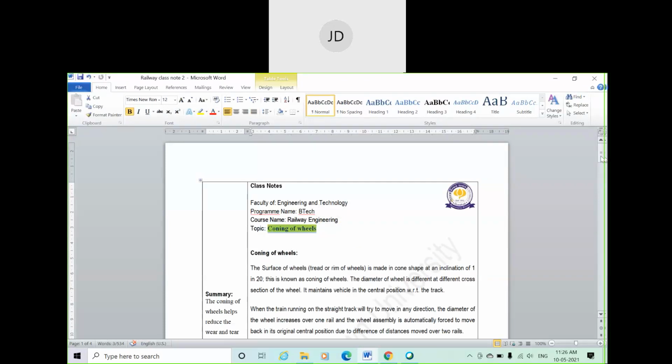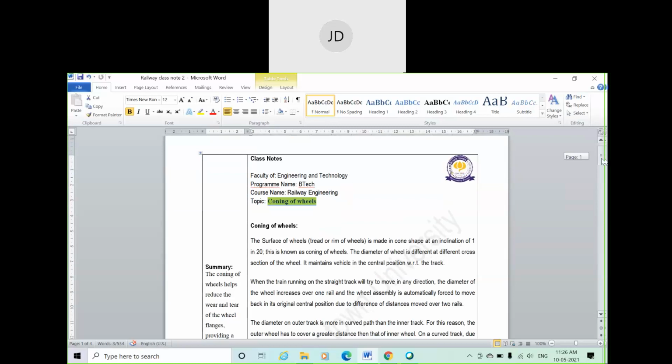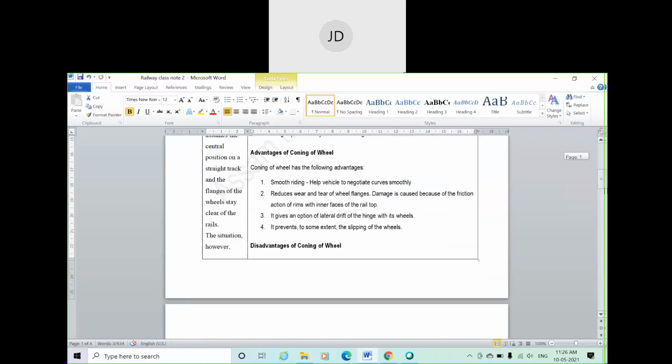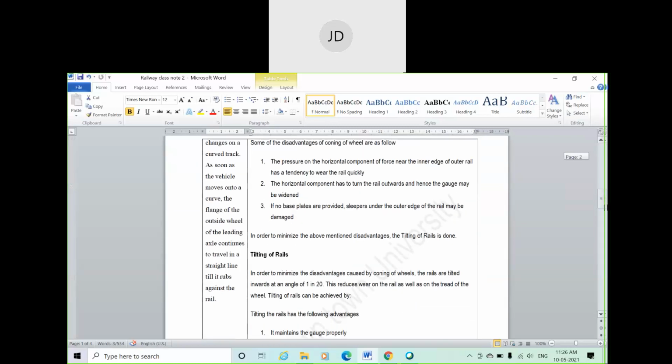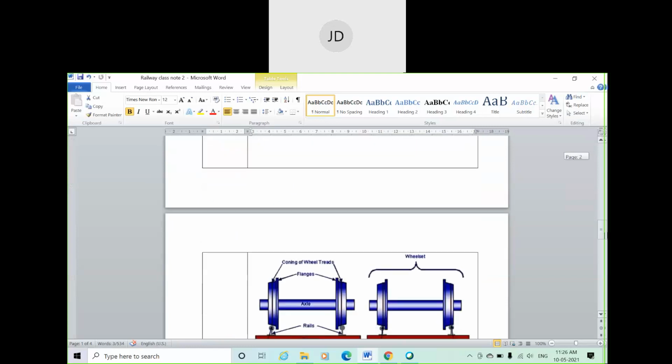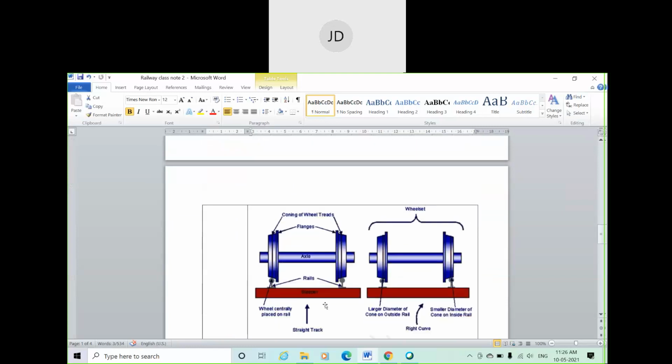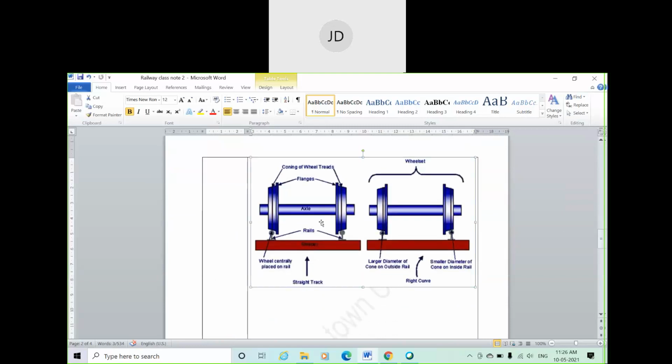Before going into deep discussion on coning of wheel, let me tell you about the basic components of railway wheels first. Here you can see a particular image of a wheel line diagram.